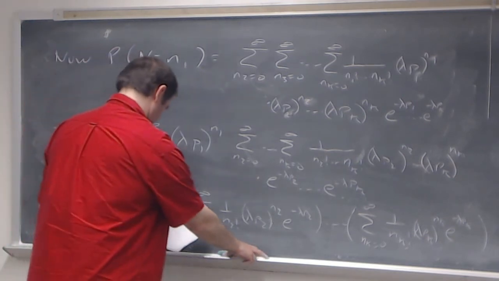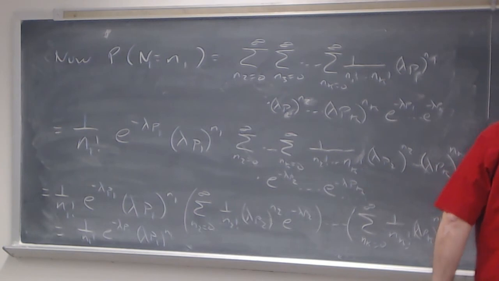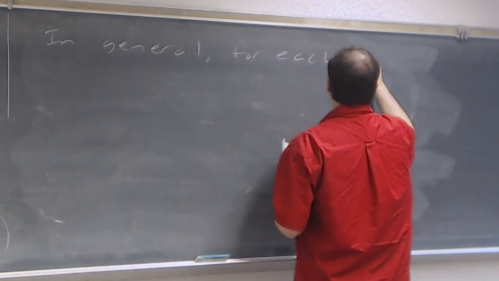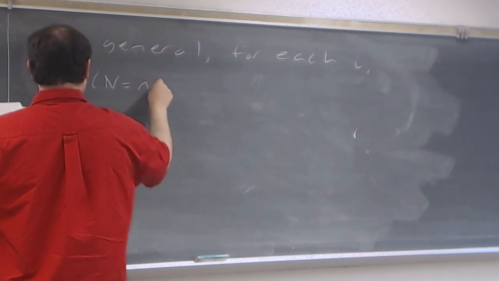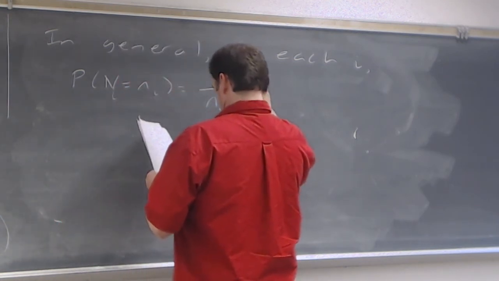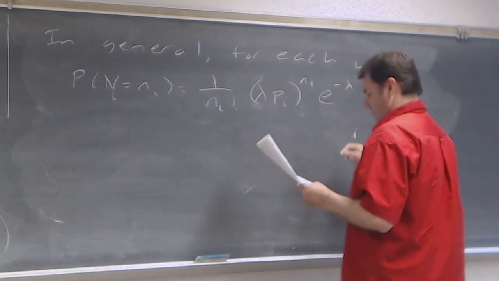And similarly, for each i, 1 to k, the probability that n sub i is equal to little n sub i is equal to 1 over n sub i factorial, lambda p sub i to the n sub i times e to the minus lambda p sub i.